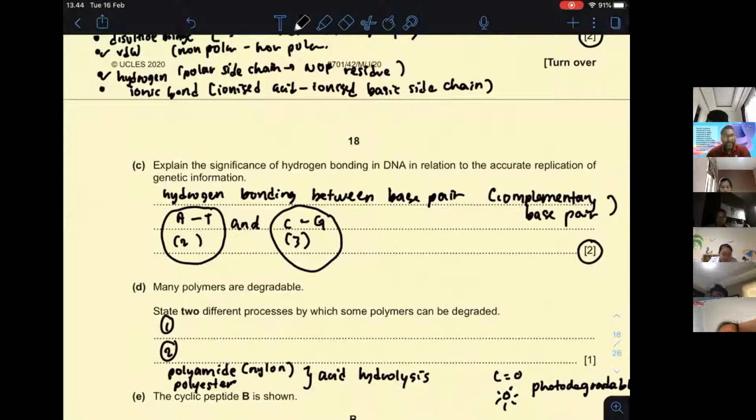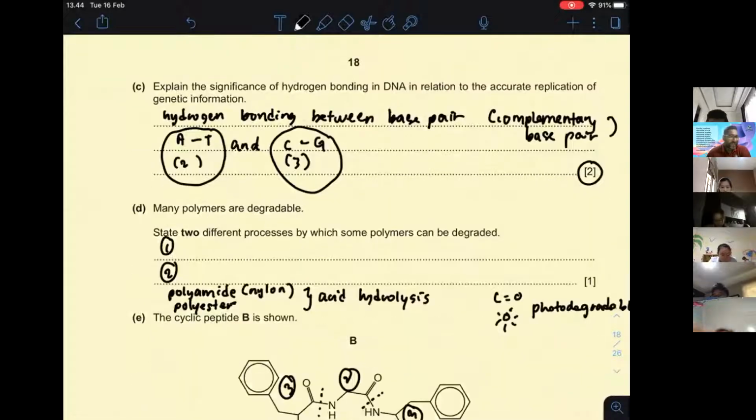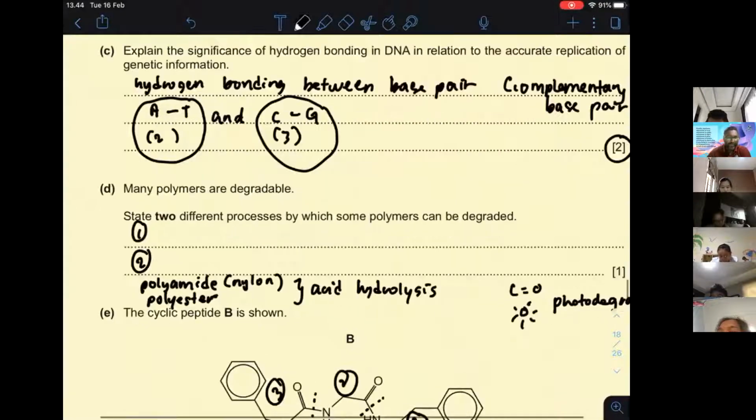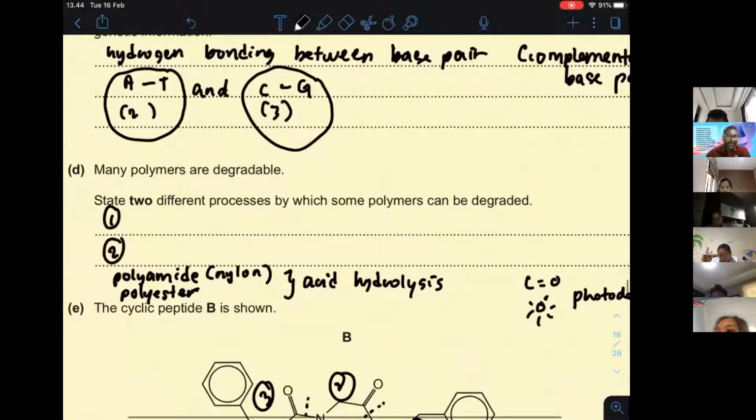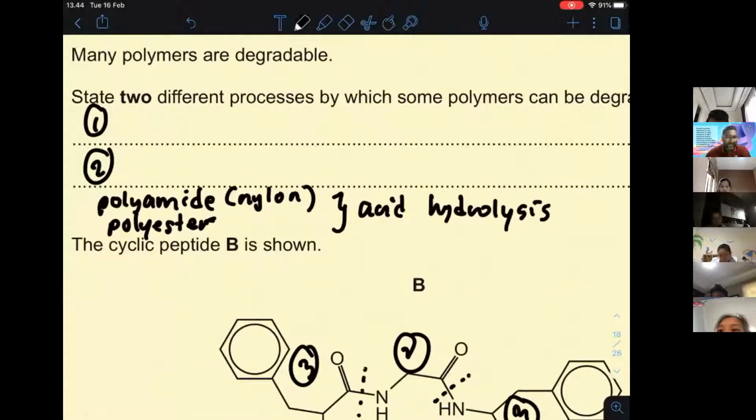Now, many polymers are degradable. This one I told you to read about it. Whether certain polymers are biodegradable or not depends on the structure. For example, nylon is going to be a polyamide. For nylon and polyester, you can read from the textbook, they mention that acid hydrolysis can be used to break the bond.